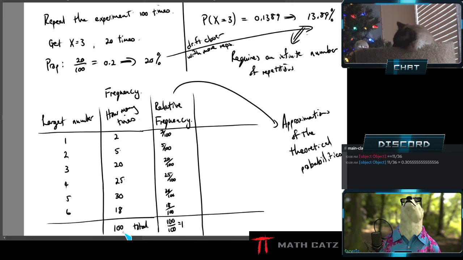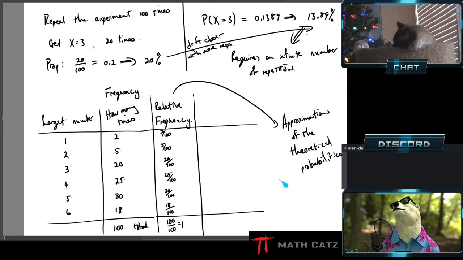Because my 100 is not a lot. It's not a lot of repetitions. With 1,000, it's going to be way better. 10,000, if it's practical, way better. And of course, I can do these things with computers, right? So having a lot of repetitions is quite realistic. So these approximations, if I don't have a lot of repetitions, might not be very close to the theoretical probabilities. But I know that the more repetitions I do, the closer and better these relative frequencies will be to the actual theoretical probability.